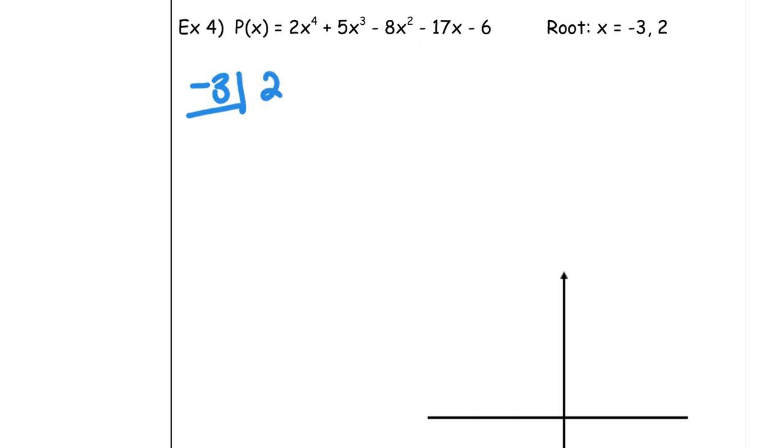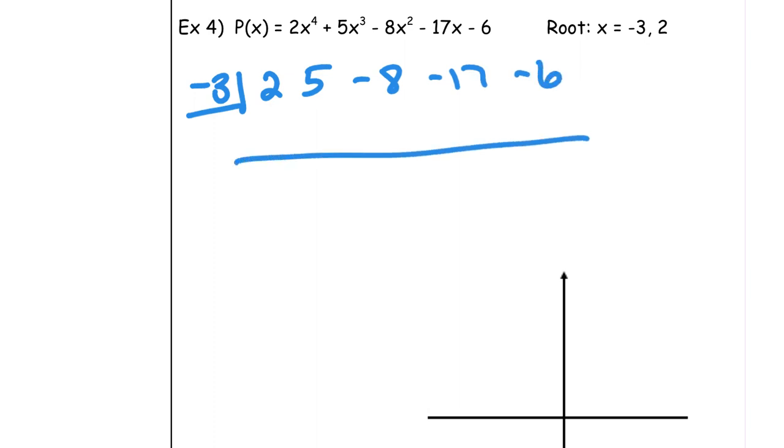So I got 2, 5, negative 8, negative 17, and negative 6. We can automatically bring down the first term. Multiply, combine. Multiply, combine.